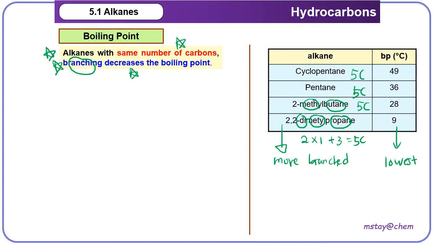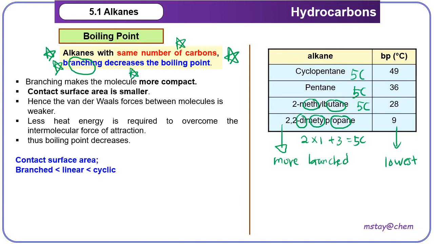So that's why we come up with this statement. If the number of carbon is similar for certain alkanes, we look at their branches. The more branches, the lower the boiling point. So now let's look at how we are going to describe why more branches gives a lower boiling point.